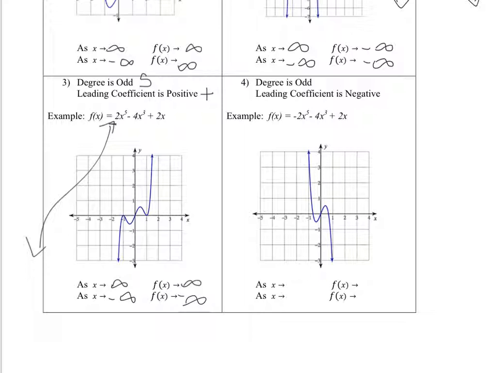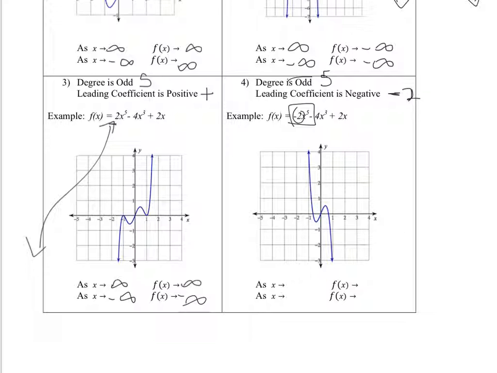All right, and then finally we have an odd. This is odd because it's 5, and the leading coefficient is a negative, is -2. Okay, remember, this is the term we're looking at. It's -2 here, so the sign is negative.